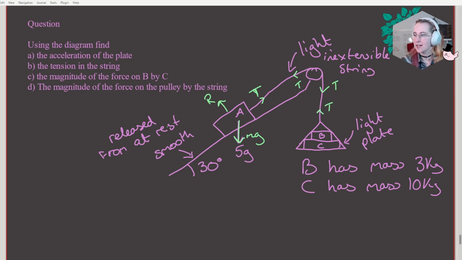We have a reaction force of the pulley on the string, or the string on the pulley. We have reaction forces here and here, and this is why I didn't do this when I did it myself. So B on C, C on B, and then C just downwards.